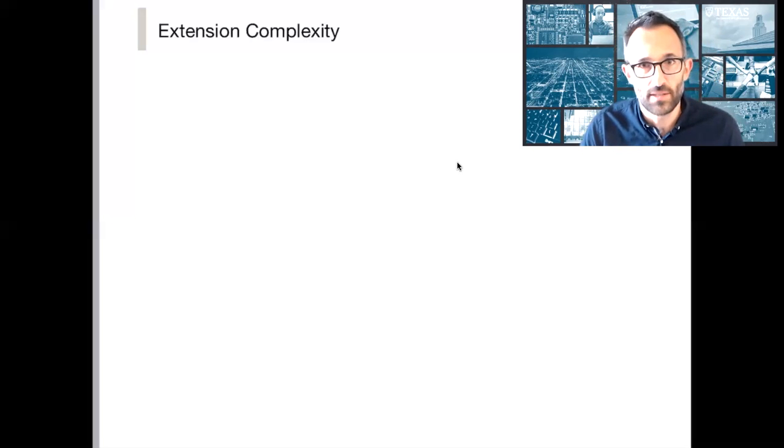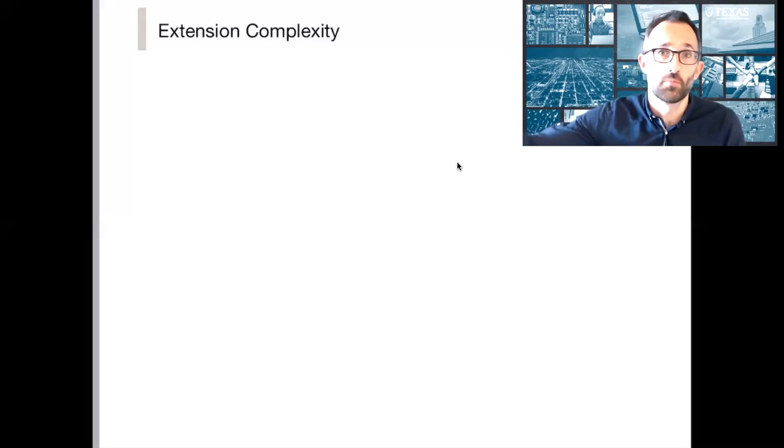So I want to define this notion of extension complexity, which is very natural given what we've seen so far. The extension complexity of a polytope is going to be the minimum number of inequalities needed to describe a polytope whose affine projection is a desired polytope. So let me write that down.